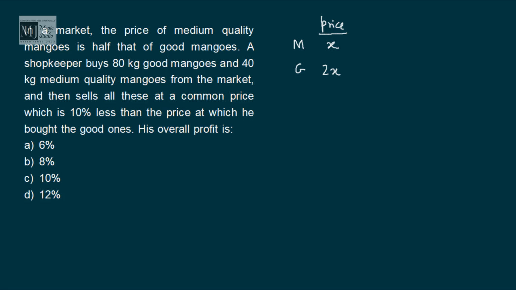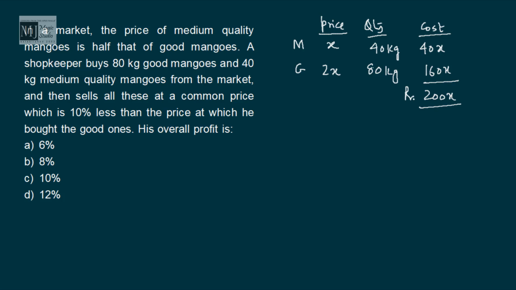A shopkeeper buys 80 kg of good mangoes and 40 kg of medium mangoes. So how much has he paid? 40x for medium and 160x for good mangoes. Total investment is 200x in rupees.